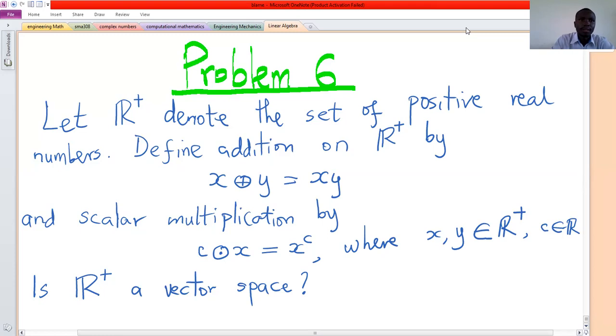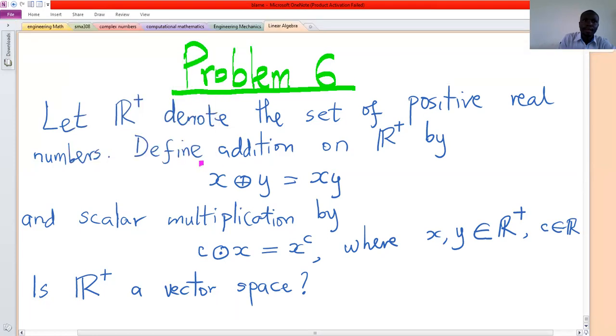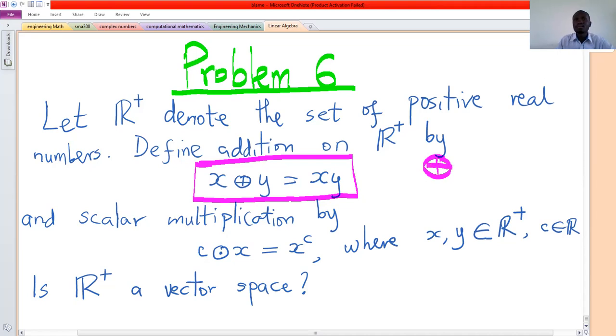So the problem reads, let R plus denote the set of positive real numbers. We define addition on this set by x plus y is given by xy. So this is the addition operation on this set.